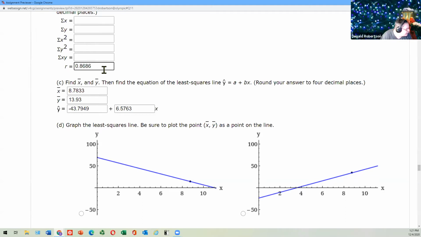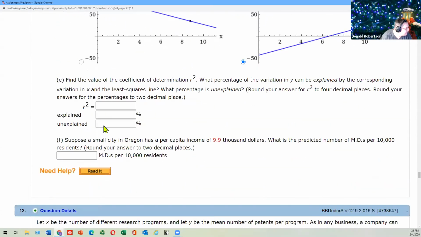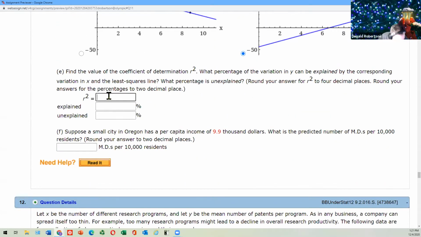So I've got this guy. Now, how do I get R squared? Well, I take that guy, and I square him. So that's just a placeholder so I can type this fella in now. 0.8686 when you square it, right, is about 0.7544, and a whole load of the other stuff.